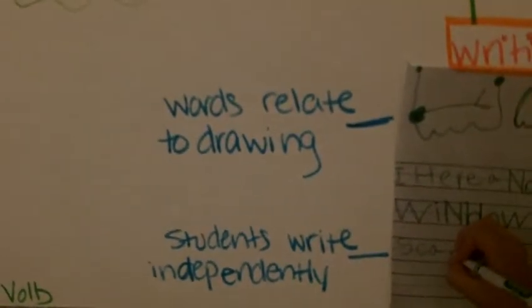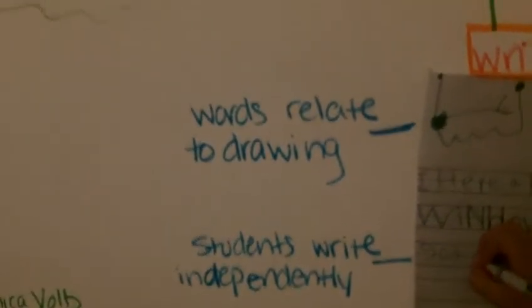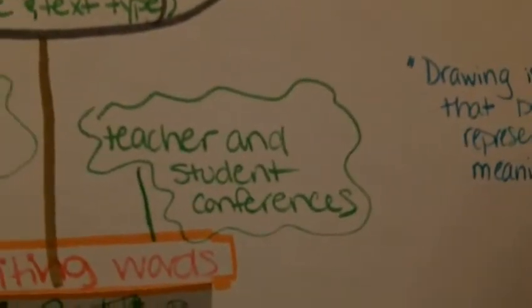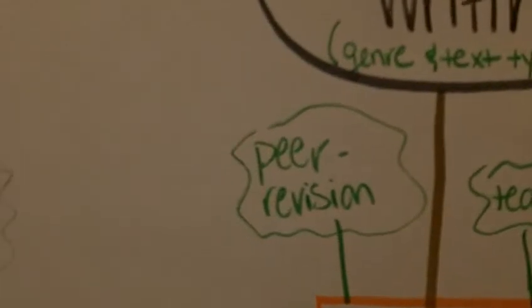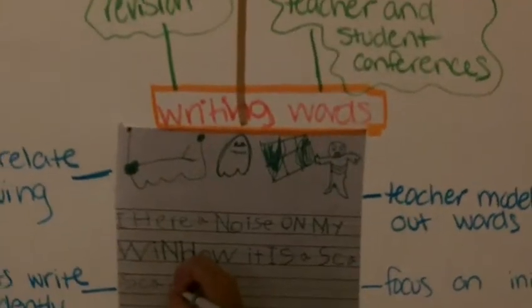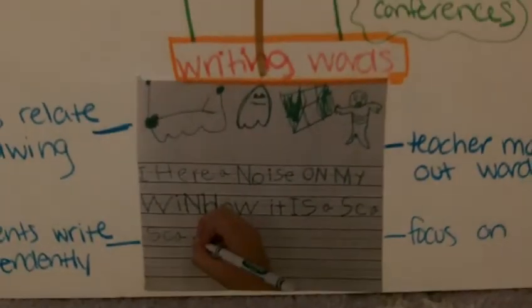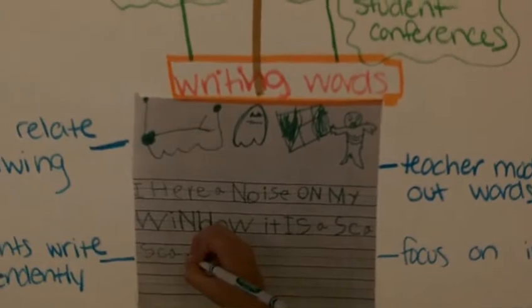During this time, the teacher will walk around the classroom and conference with students one-on-one, and students will also work together to revise their work. Because the students are so young, the teacher will be there to help students sound out words and to guide them in this writing process.